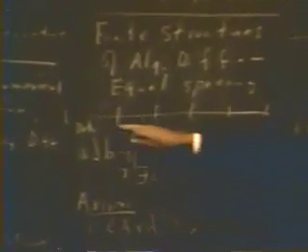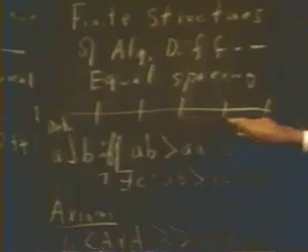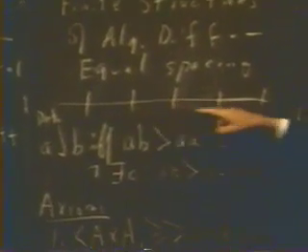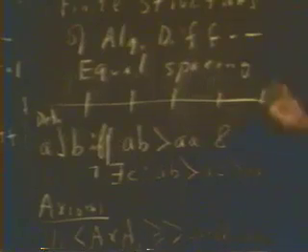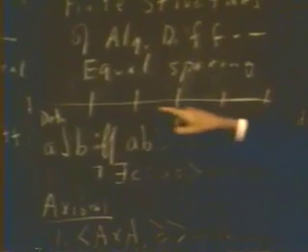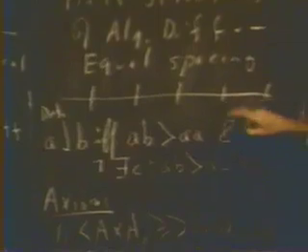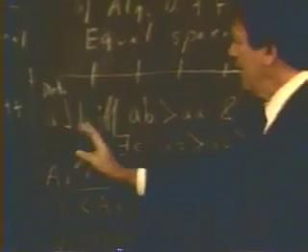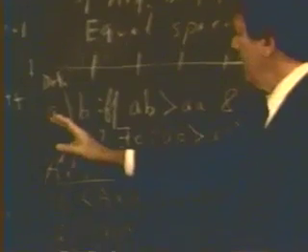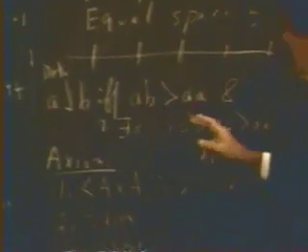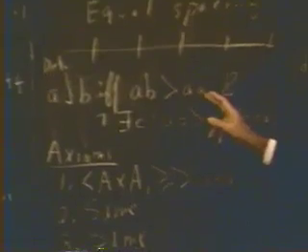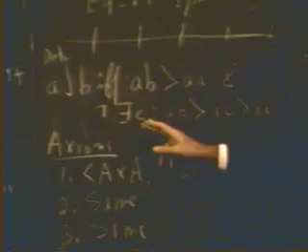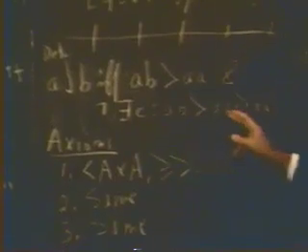So we think of the objects as being spaced in the ordering this way. So intuitively, each atomic interval is equal to every other. Now, to formally express this equality of atomic intervals, we have this notion of a successor relation J. B is the successor of A if and only if AB is strictly greater than AA, that is the null relation, and it is not the case that there exists a C such that AB is strictly greater than AC, greater than null.